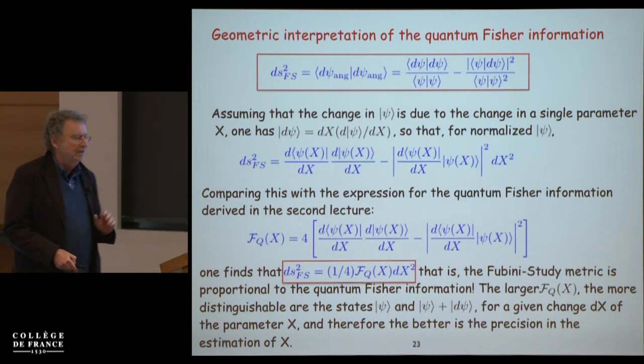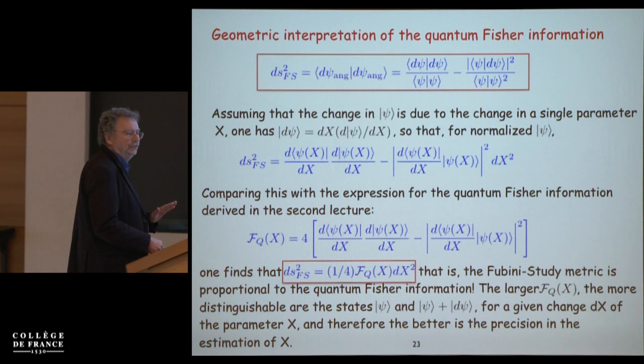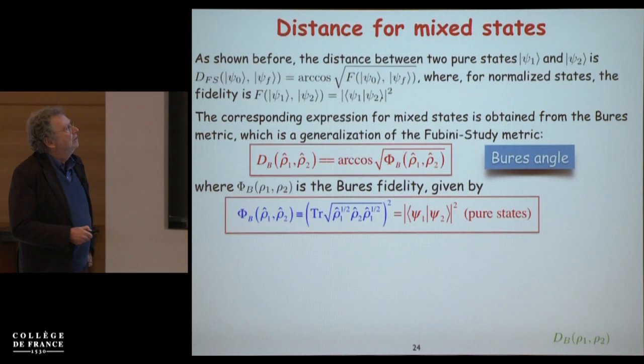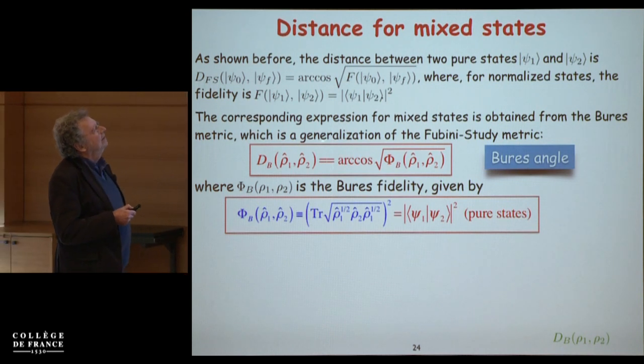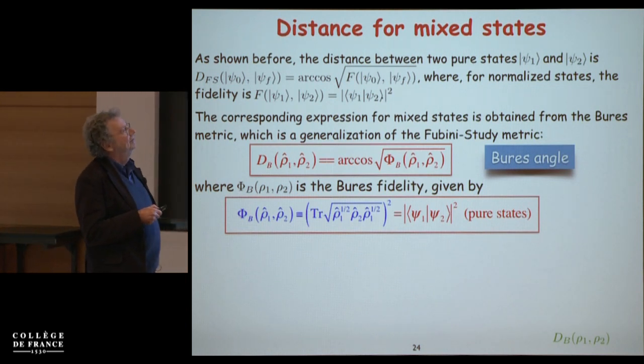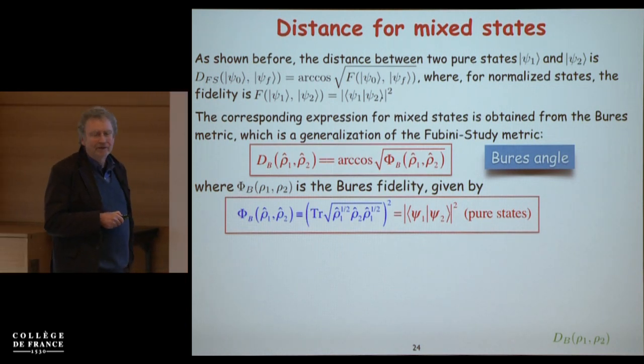Okay? So all of this is for pure states. What about mixed states? I'm going to derive here in the next 2 slides this expression, which is a generalization due to Bures of the Fubini-Study metric.